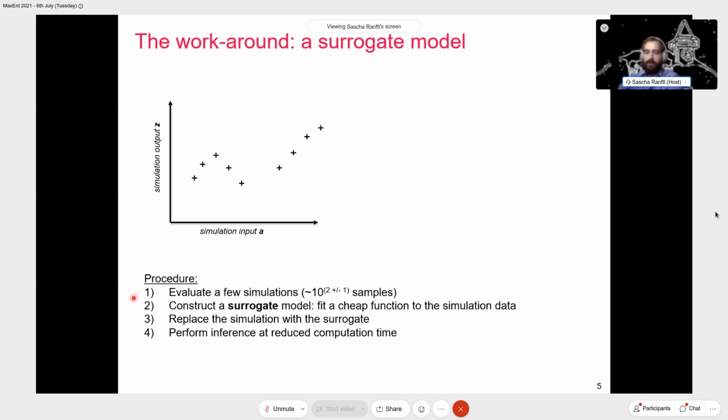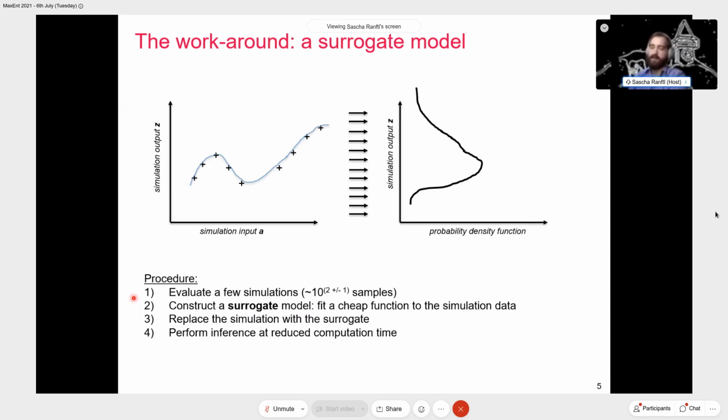Now we construct this so-called surrogate model, which is just a fancy term for fitting a cheap function to this data. Then we replace our simulation with the surrogate and perform the inference at a reduced computation time. What is important here is that when the simulation takes days or weeks to compute, the surrogate model will take seconds, milliseconds, or microseconds. This is how we make the inference feasible.